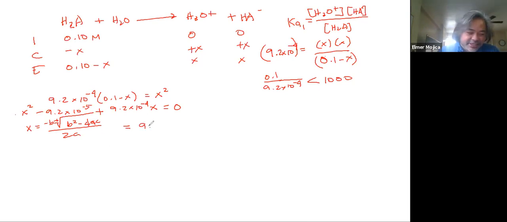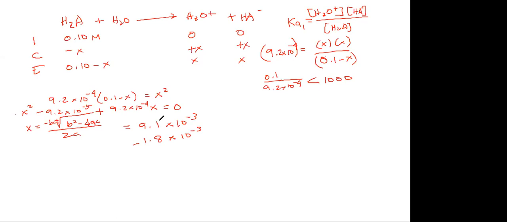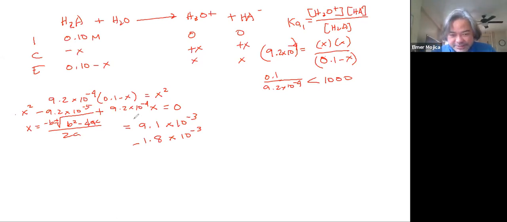You will either get 9.1 times 10 to the negative 3, or negative 1.8 times 10 to the negative 3. Which do you think is the correct one? The positive. So this is the one that makes sense, and you cancel out the other.